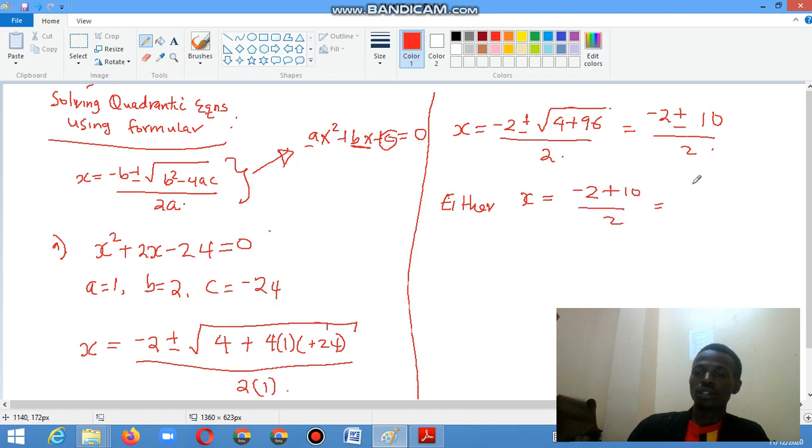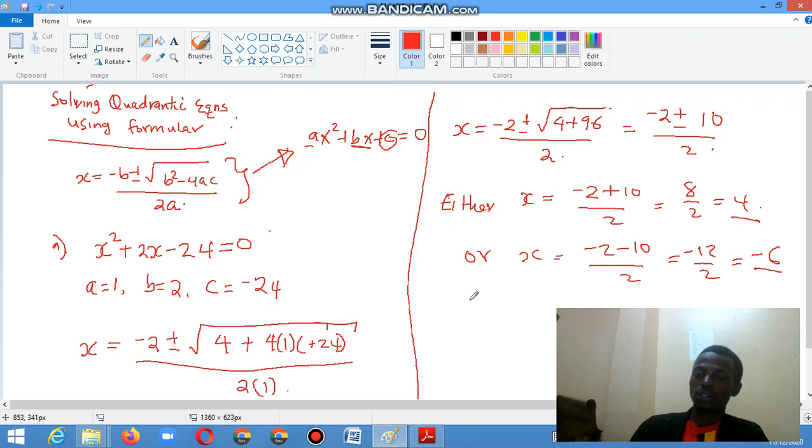This will be 8, remember 10 minus 2 is 8, then divided by 2, which is 4. That's one of our answers. Or x will be minus 2 minus 10, then over 2, this will be minus 12 over 2, which is minus 6. So our answers are 4 and negative 6.